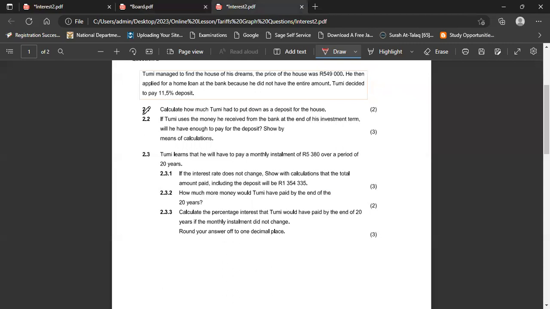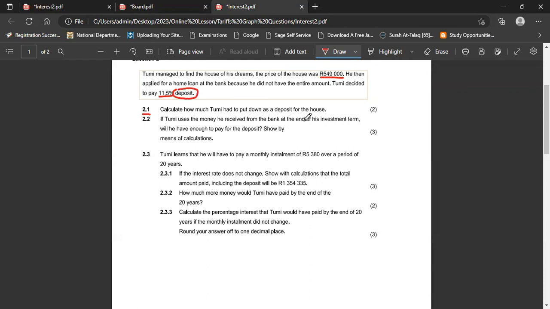Now, question 2.1 asks you to calculate how much Tumi had to put down as deposit for the house. Remember, the person is going to pay 11.5% of the cash money as deposit.